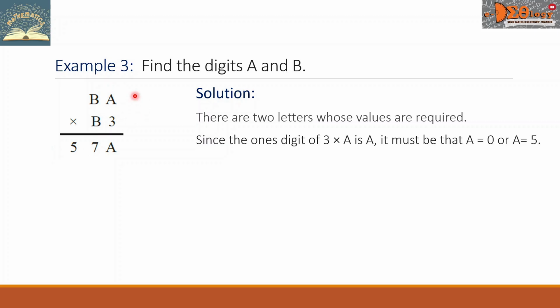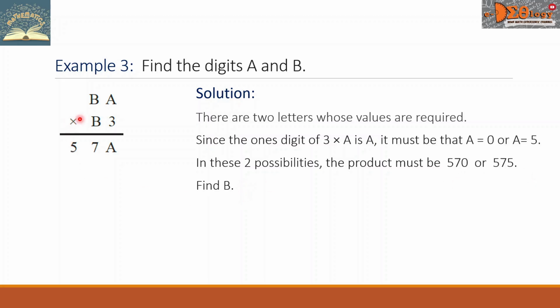Now let's start here. Since the ones digit of 3 times A is A, it must be that A equals 0 or A equals 5. In these two possibilities, the product must be 570 or 575.